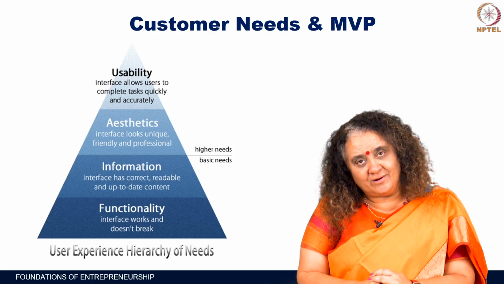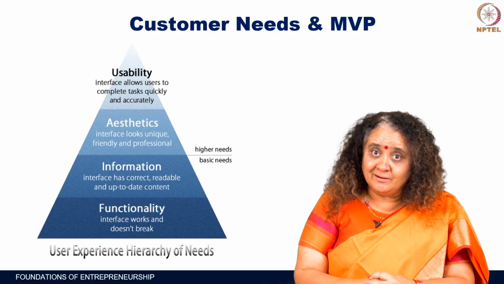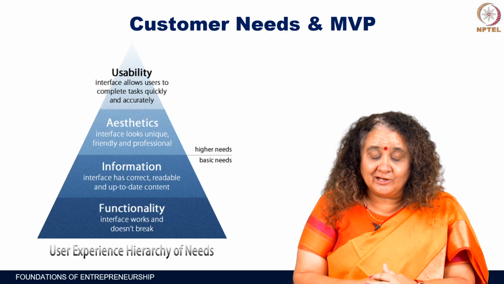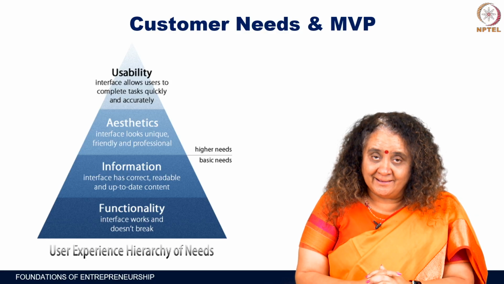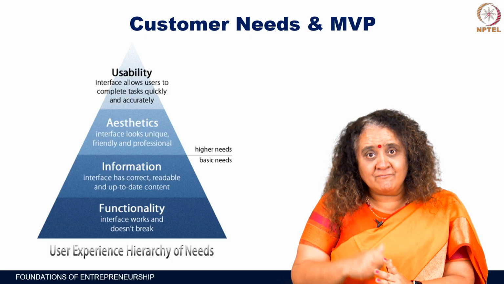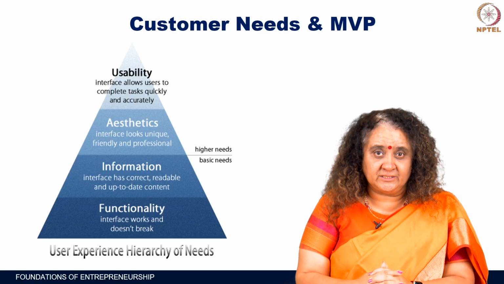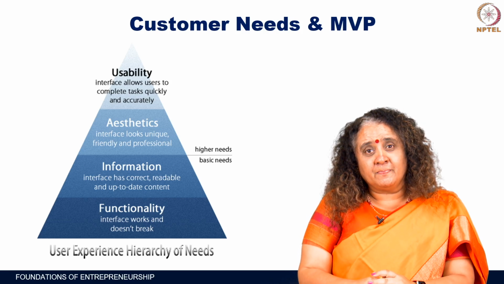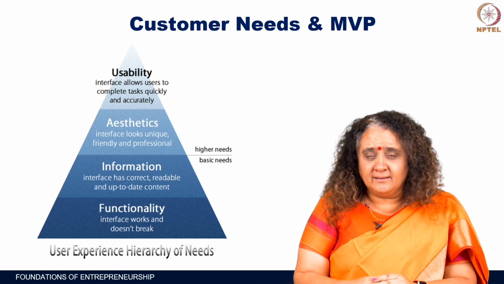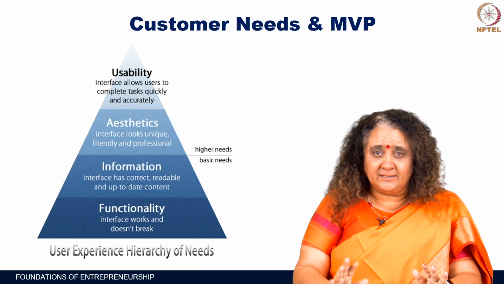And the highest order need, which is the equivalent of nirvana or self realization, self actualization in the Maslow hierarchy of needs, in an MVP is usability, is how easy it is to use it, how intuitive is it to use it, how childlike is it to use, how difficult is it to use makes it poor on usability.